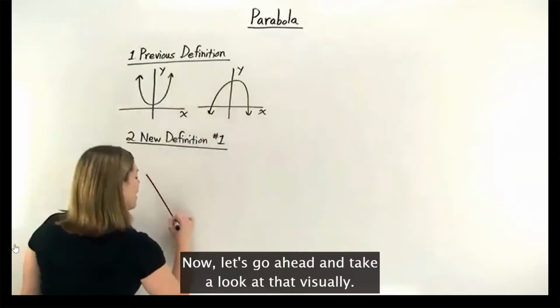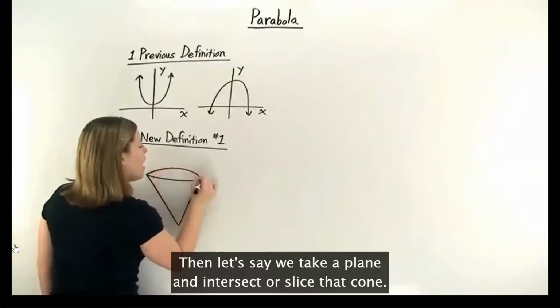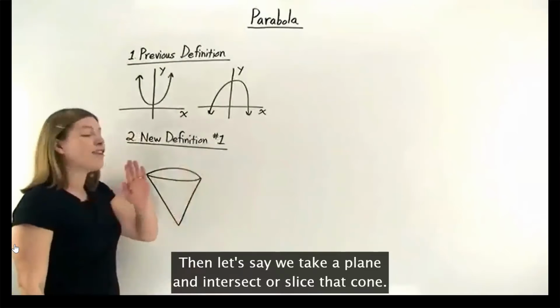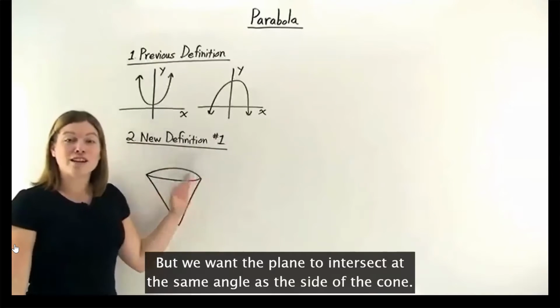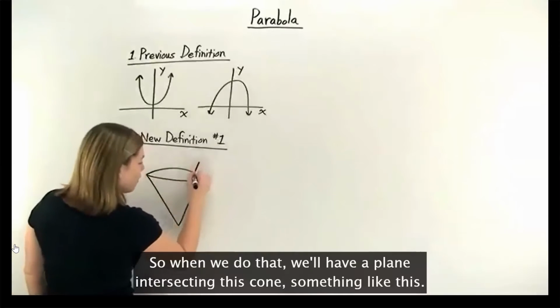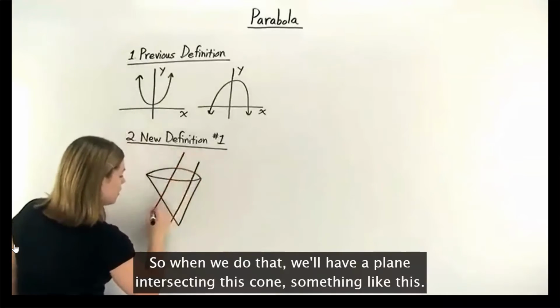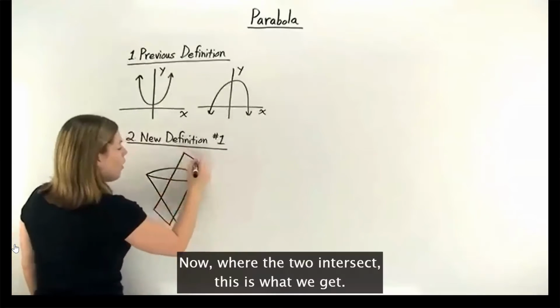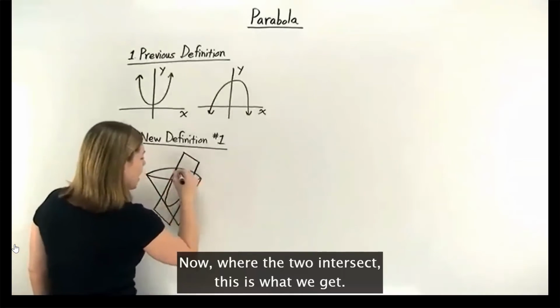Now, let's take a look at that visually. So, let's draw a cone. Then, let's say we take a plane and intersect or slice that cone. But we want the plane to intersect at the same angle as the side of the cone. So, when we do that, we'll have a plane intersecting this cone, something like this. Now, where the two intersect, this is what we get.